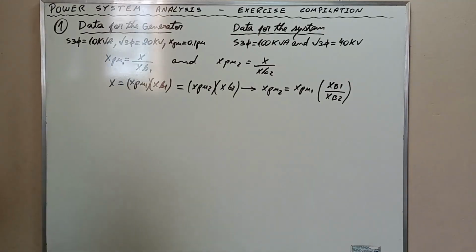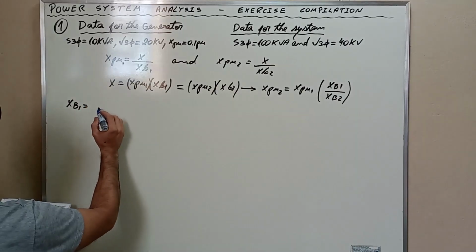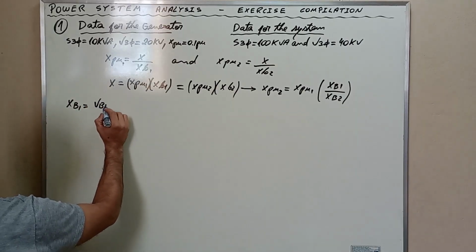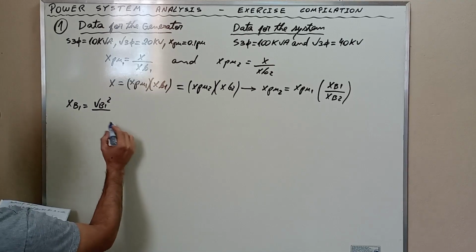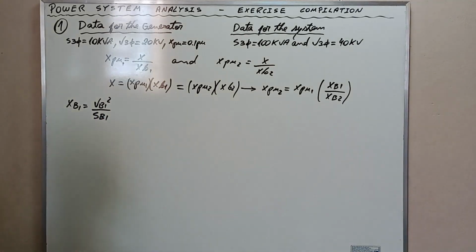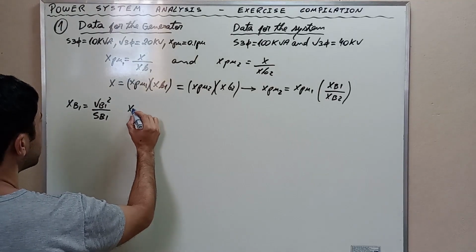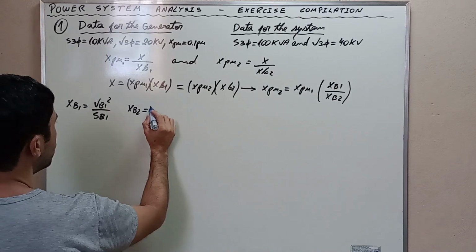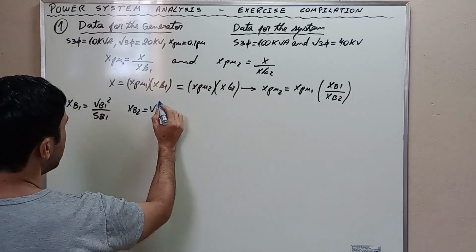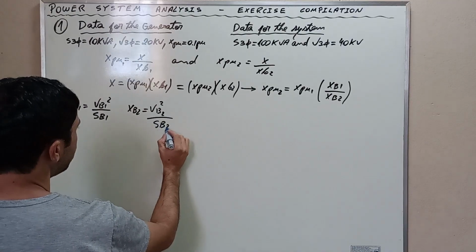But observe that xB1 is equal to the voltage squared divided by the apparent power of that region, and similarly xB2 is equal to VB2 squared divided by SB2.